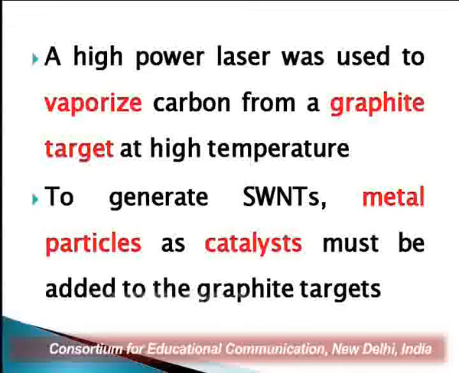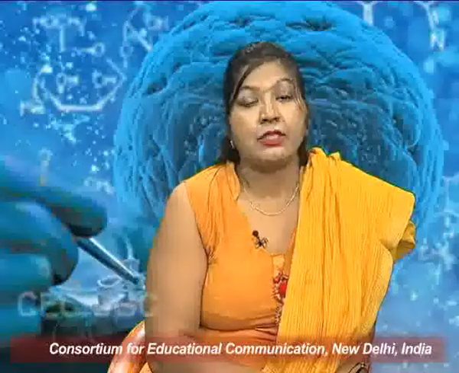What are the steps behind the laser ablation method? We use a high power laser beam to vaporize the carbon from the graphite target. It means for a substrate, for a solute or for a target, we are using graphite, which is vaporized by using the laser beam, in a high temperature.